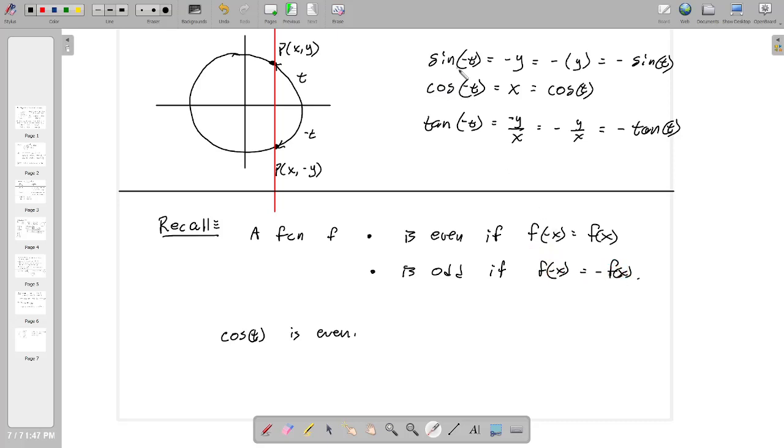And we can see that with sine and tangent. Sine of negative t is equal to negative sine of t. So we have a negative input, but over here we have a negative on the output. Negative input, a negative on the output. So we can say that sine t and tangent t are odd.